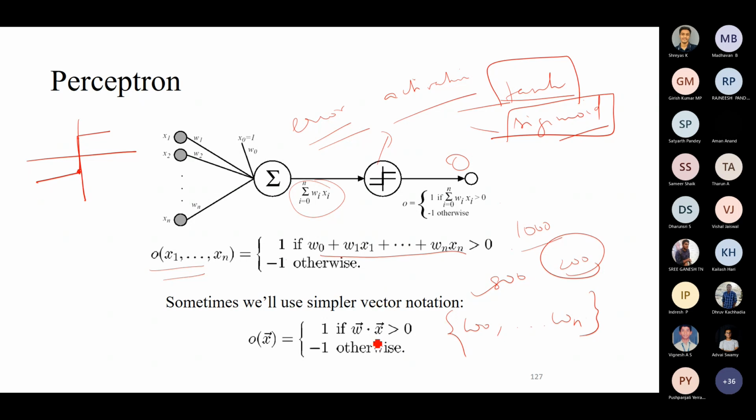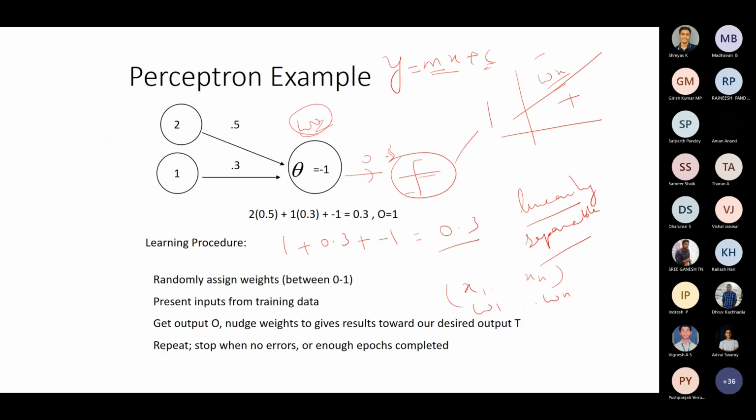So if Wx is greater than 0, the output is plus 1, and is 0 otherwise. Now the tan hyperbolic function will be, you will not get exactly a plus 1 or a minus 1. You can simply classify it as the first quadrant or the third quadrant respectively. So we are going to be using only a tan hyperbolic function here.